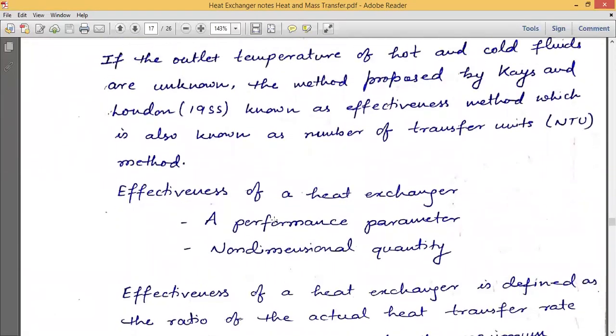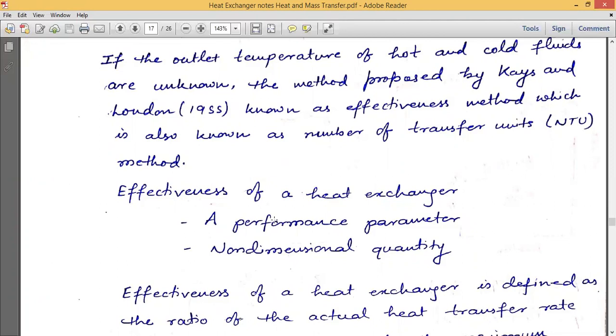So what is the effectiveness? Effectiveness is defined as the ratio of actual heat transfer to the maximum possible heat transfer. That means how much heat transfer is possible by the use of that particular heat exchanger, but actually how much heat transfer that heat exchanger is doing.